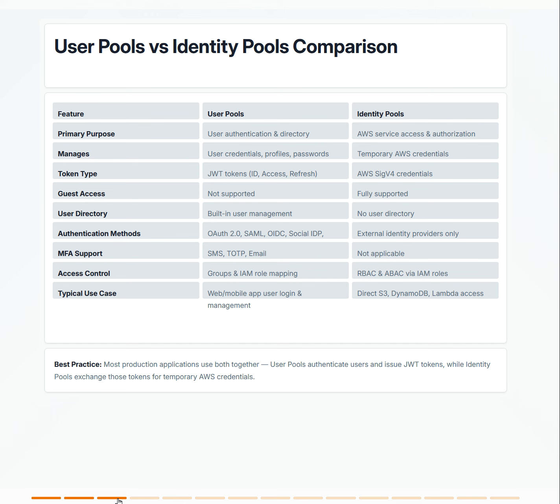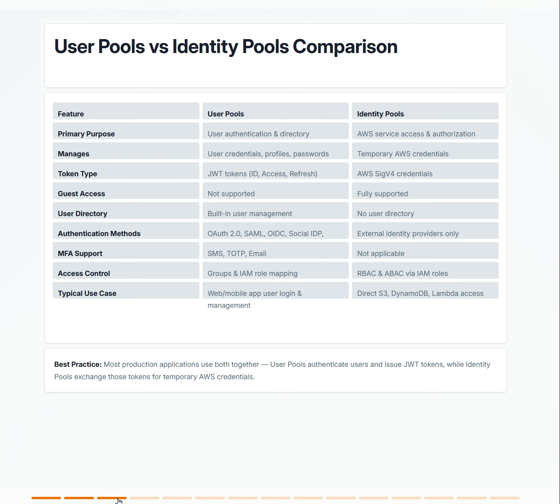So access control. Once you log into a user profile, your profile will be linked to groups or IAM role mapping, right? And then that token, when you go to identity pools, has other roles, RBAC and ABAC. RBAC means role-based access control, and ABAC means attribute-based access control via IAM roles. So typical use cases: web and mobile app user login and management.